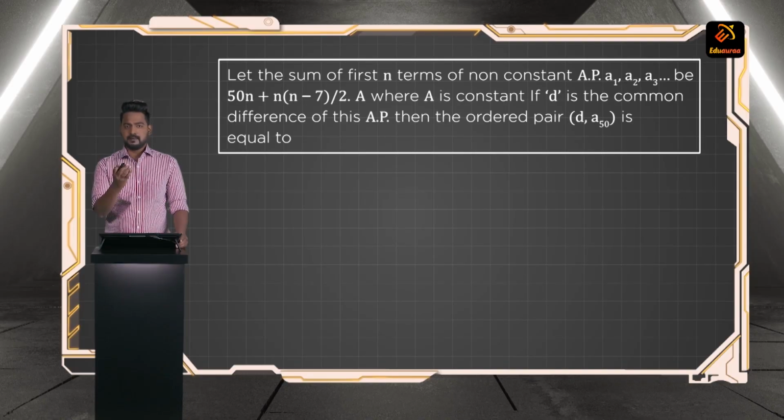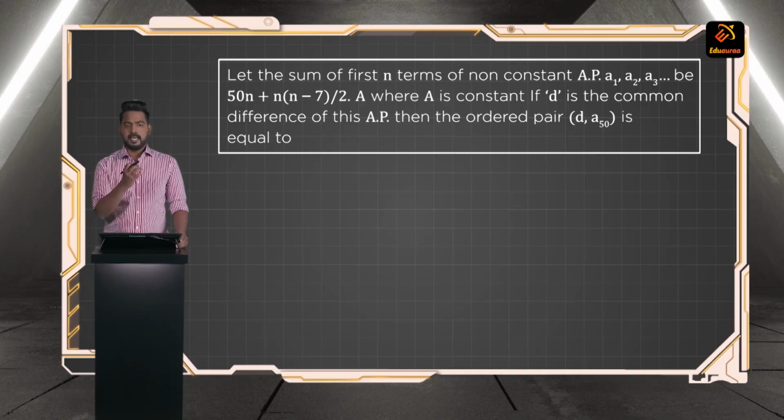The next question is: let the sum of first n terms of a non-constant AP A1, A2, A3, be 50n plus n into n minus 7 upon 2 into A, where A is constant. If D is the common difference of this AP, then the ordered pair D, A50 is equal to.